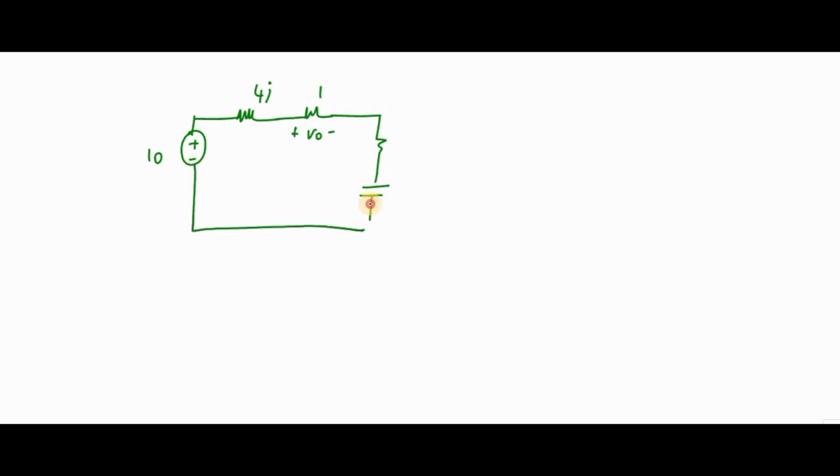Now I can draw it like this: a 10 source, 4j, 1 ohm, and 2.439 minus j1.951. To find the voltage across the 1 ohm, I apply the voltage divider rule.